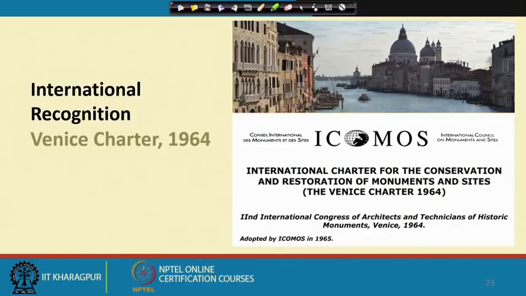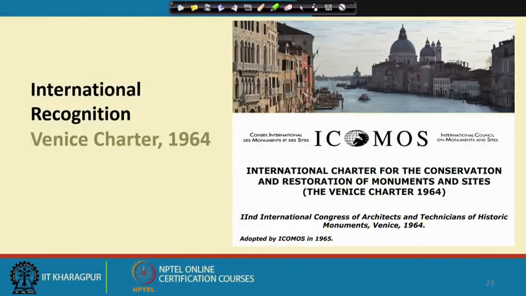The complete name is the International Charter for the Conservation and Restoration of Monuments and Sites; Venice Charter is a short form. The Second International Congress of Architects and Technicians formed certain articles. Very few articles, they are not rules, they are not acts, but they give the essence.